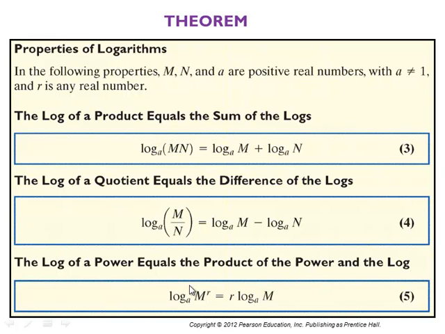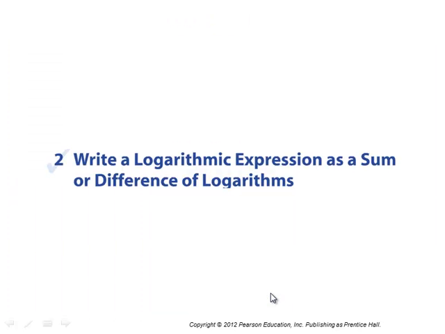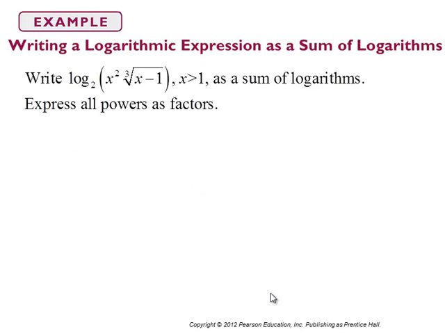And also, the logarithm of some number raised to a power is that power times the logarithm. So let's just see how this goes. In fact, these are going to be extremely useful properties when you get to calculus, especially when you're evaluating limits.